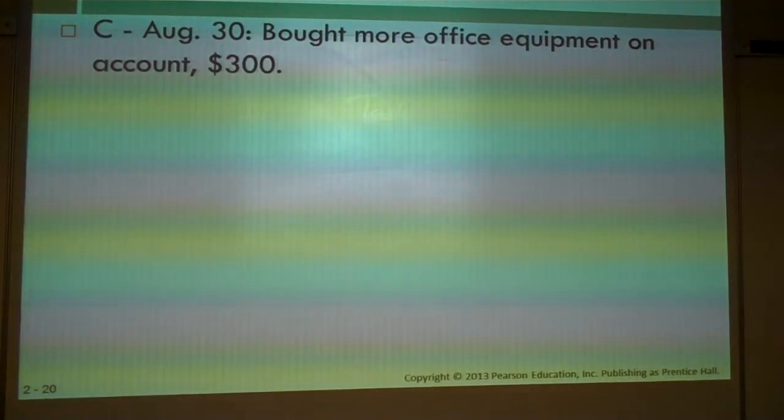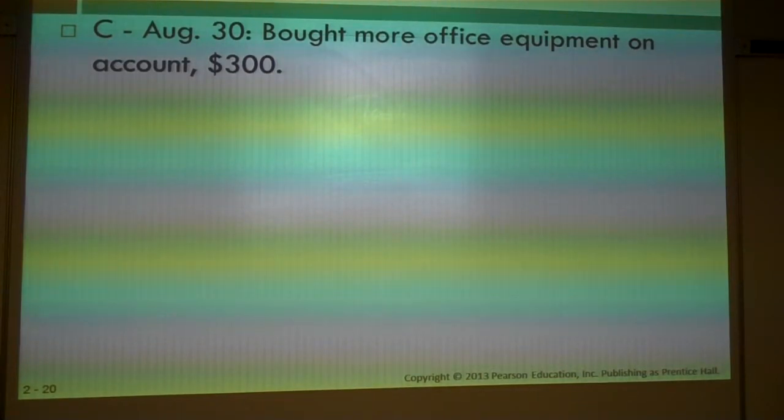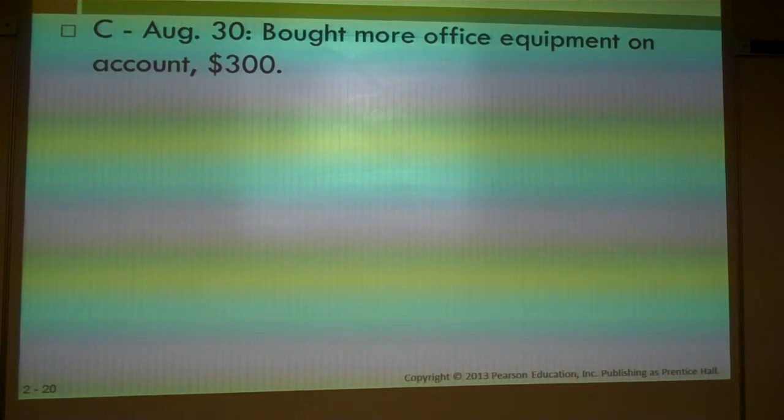Let's look at C. Bought more office equipment on account. What accounts are affected? Accounts payable and office equipment, right? We might have to ask ourselves the categories. What's office equipment?